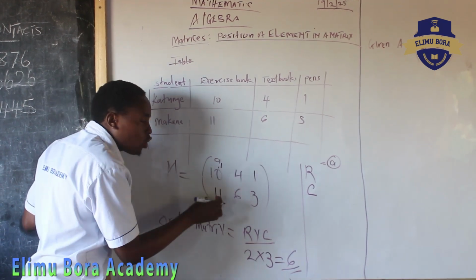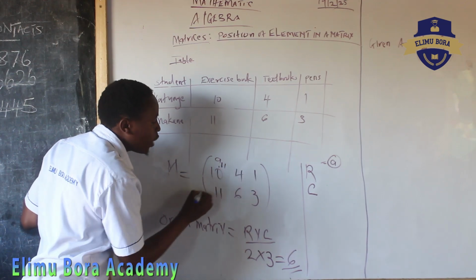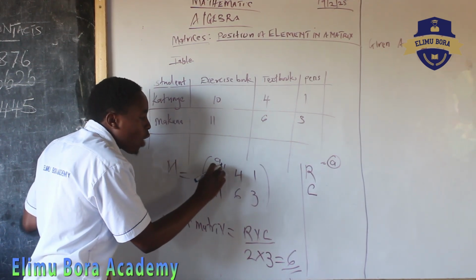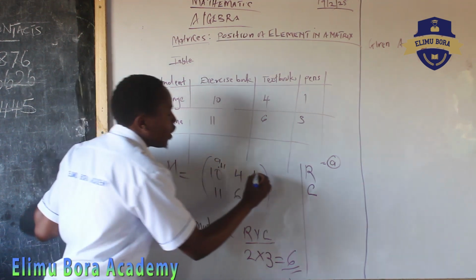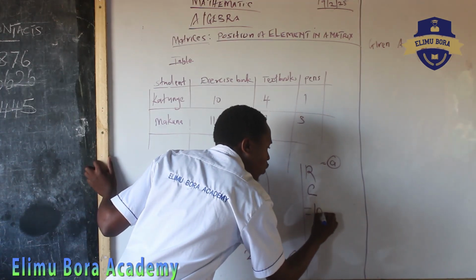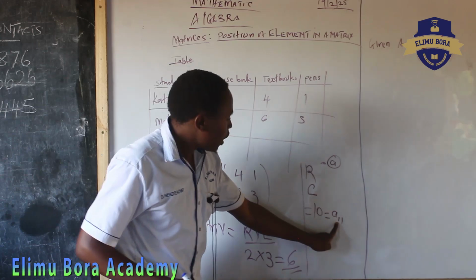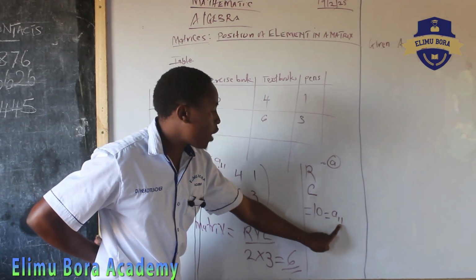The column, which column is this one? 1. So we can get the element 10. The element 10 has row 1 and column 1. Under 10, when we're talking about the position of 10, we have a, 1, 1. This means it has one row and one column.